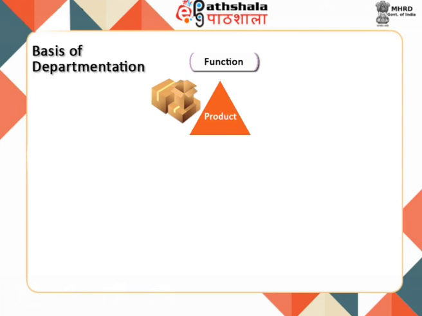Second, product. It happens when the organization has grown such that all the original advantages of functional departments are lost. The basis here is to establish each product or group of closely related products in a product line as a relatively autonomous, integrated, administrative unit within the overall framework of the company.